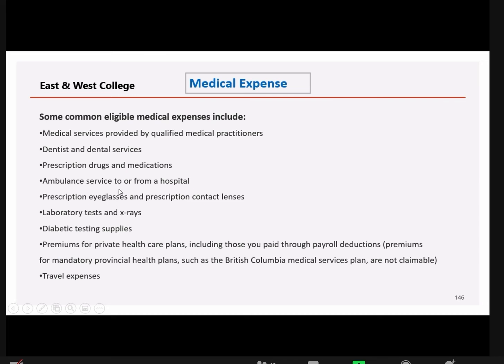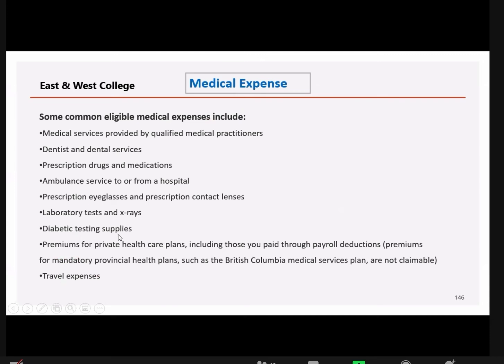Ambulance service to or from the hospital. Prescription eyeglasses, prescription contact lenses. Laboratory tests and X-ray.